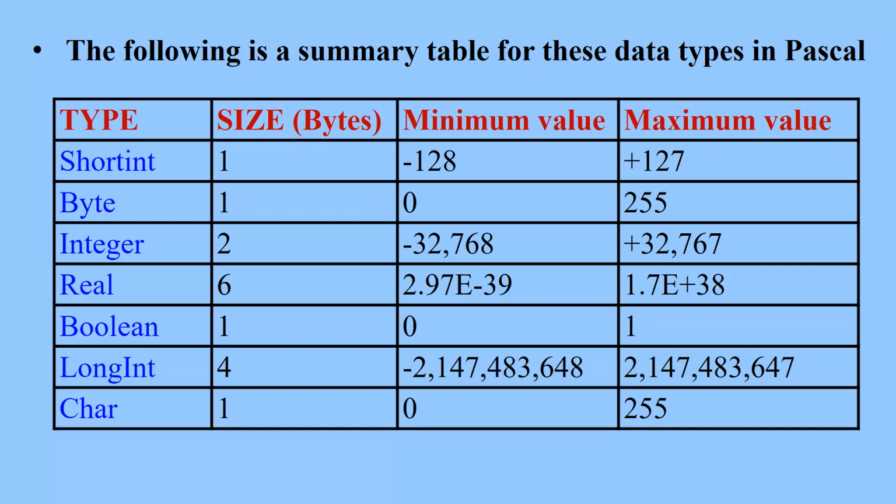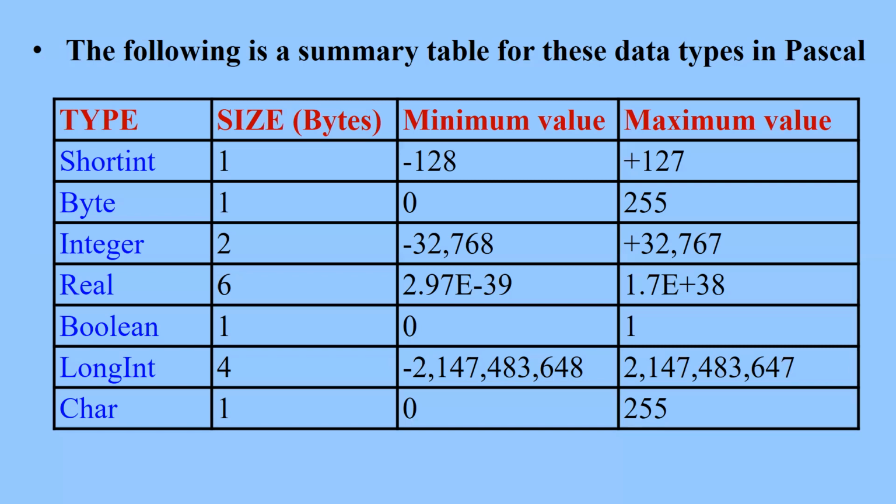So if you have to accommodate a higher number than short int, then you use byte. It is also 1 byte, but its minimum value is 0 and its maximum is 255. So you cannot use byte to accommodate a negative figure, nor a number beyond 255.